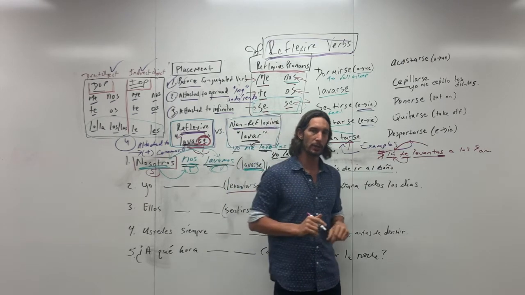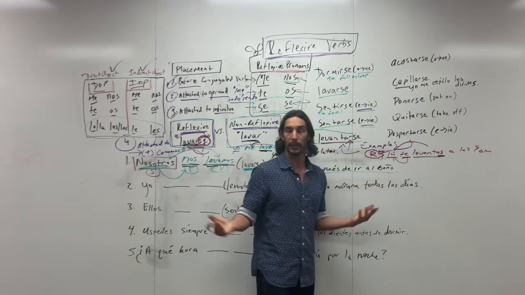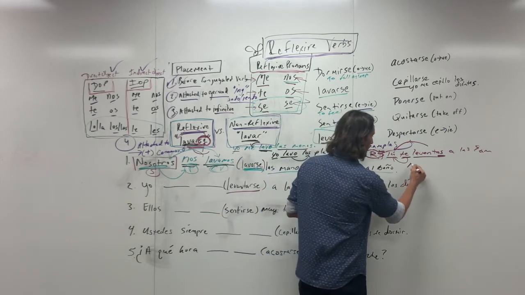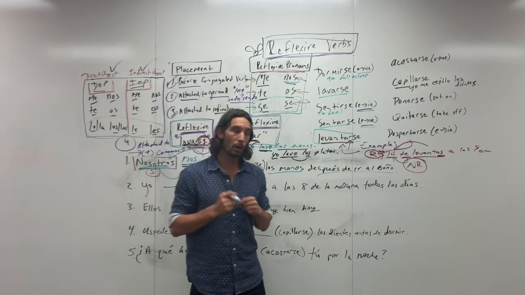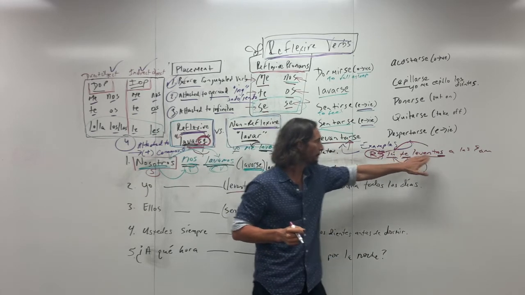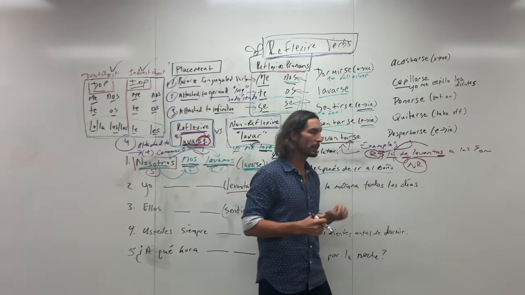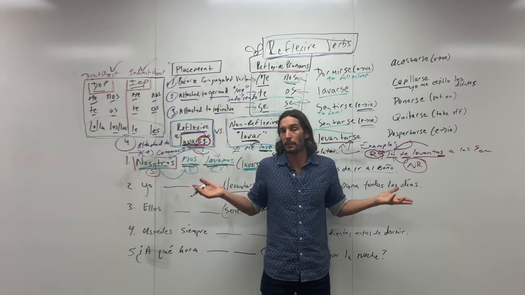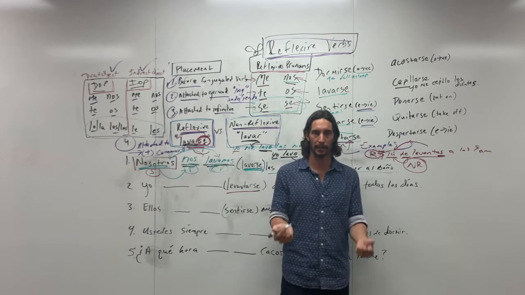Now let me show you how to do that non-reflexively. So we're going to put an R there because that means reflexive. Why not? And then we'll do NR, which is non-reflexive. And so now I no longer want to say, you lift yourself up at 9 a.m., or you wake up at 9 a.m., of course. But I want to say, you lift weights, right? And so to lift weights is levantar pesas, pesas being the weights.